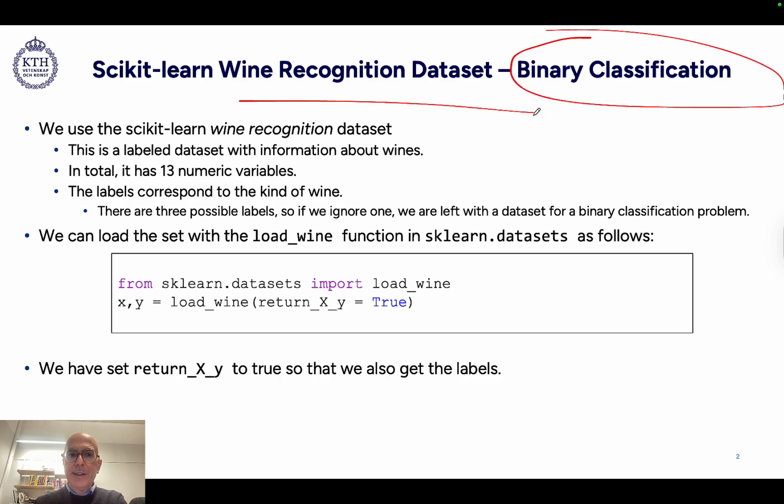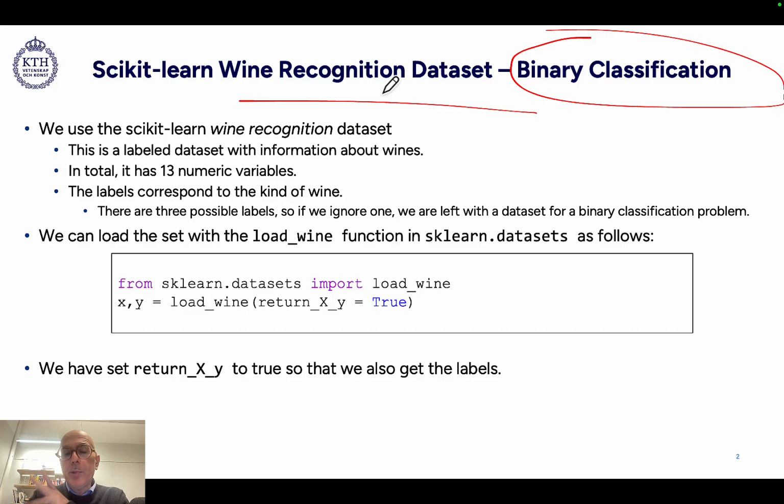We will use the scikit-learn wine recognition dataset that we can load directly from scikit-learn. This is a labeled dataset with information about different kinds of wine. In total, it has 13 numerical variables, and the labels correspond to the kind of wine.